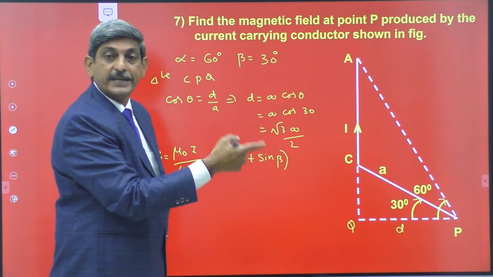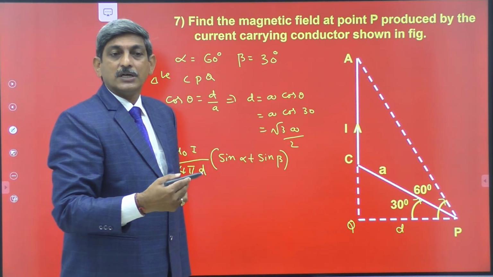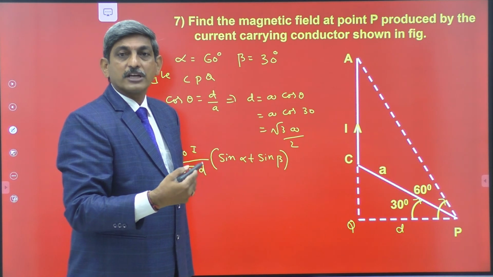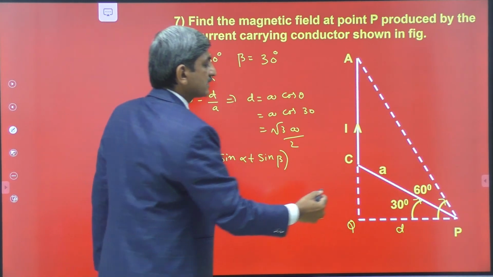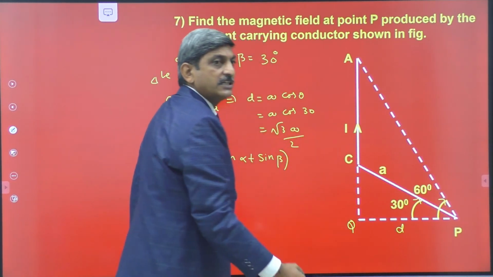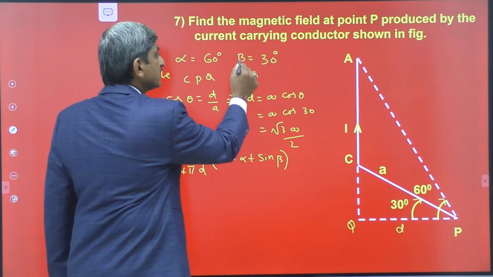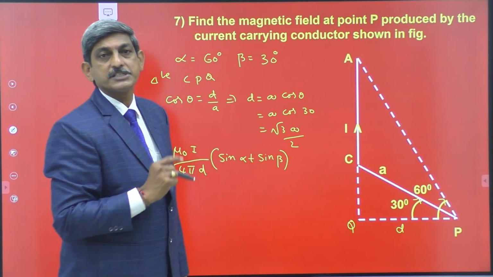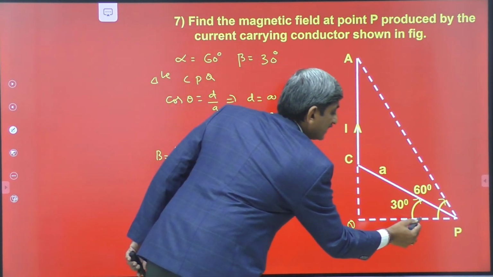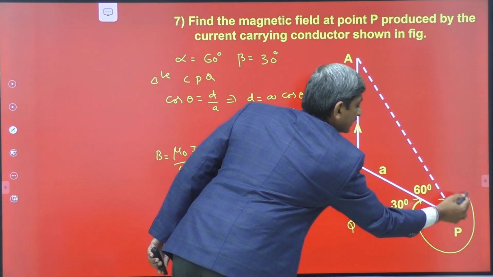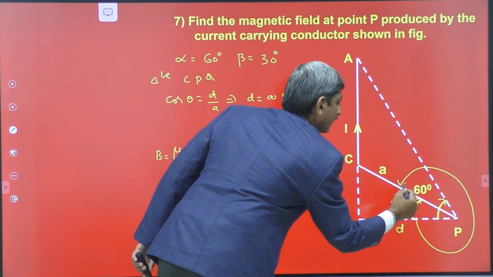But if we take that beta as 30 degrees, we are committing a mistake. Why? Because this 30 degrees is measured in the clockwise direction, but this beta value must be measured in the anti-clockwise direction only, so that this angle will become the beta, but not this.